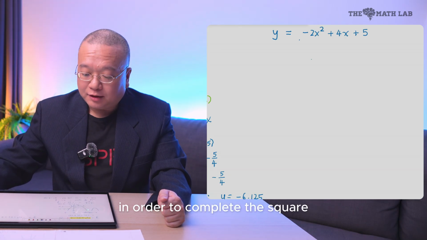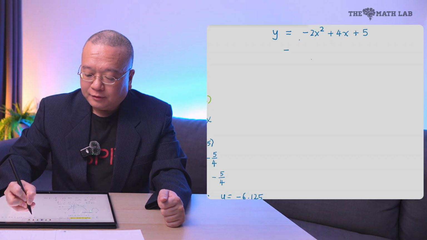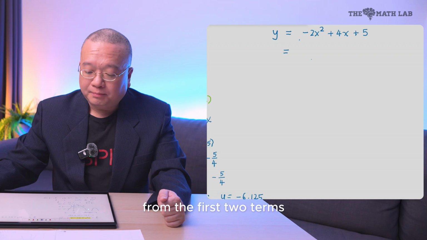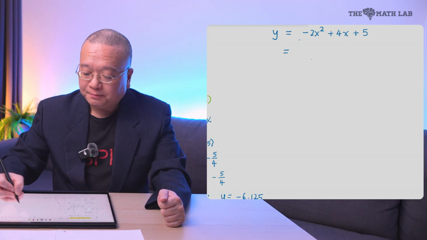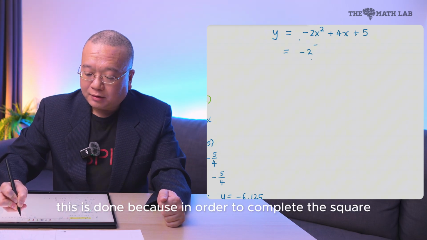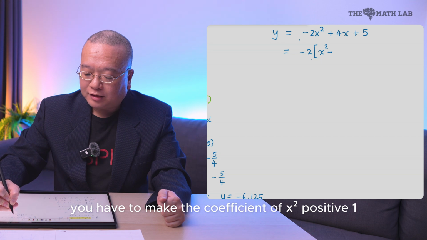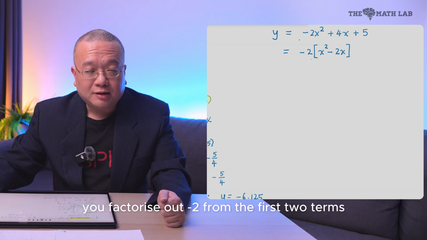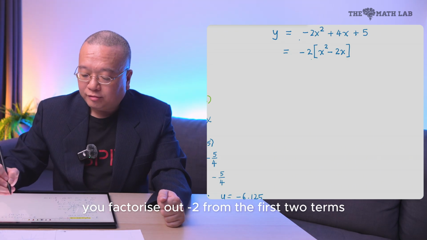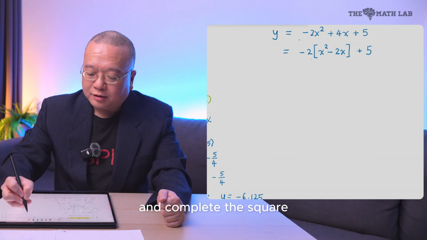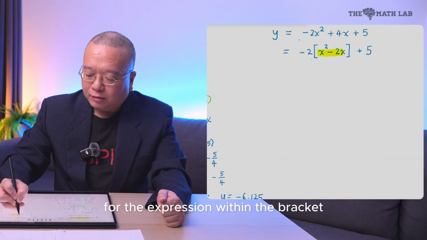In order to complete the square, we first factorize out negative 2 from the first two terms. This is done because in order to complete the square, you have to make the coefficient of x squared positive 1. So you factorize out negative 2 from the first two terms and complete the square for the expression within the bracket.